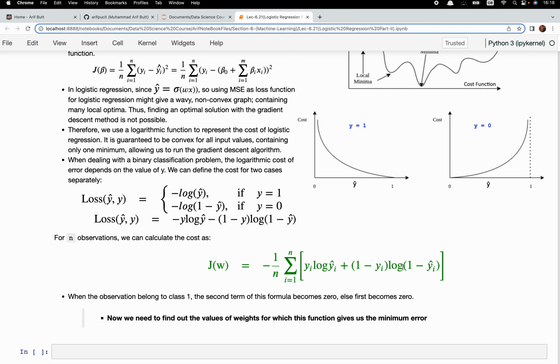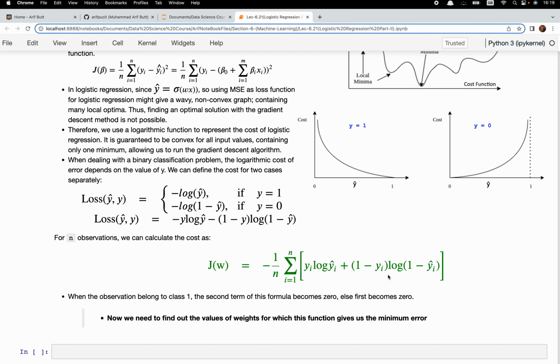When the observation belongs to class 1, that is y equals 1, this second term will become 0, since 1 minus 1 is 0, and the formula becomes log of y hat. On the contrary, when the observation belongs to class 0, that is y equals 0, this first term becomes 0 and the formula becomes simply log of 1 minus y hat.